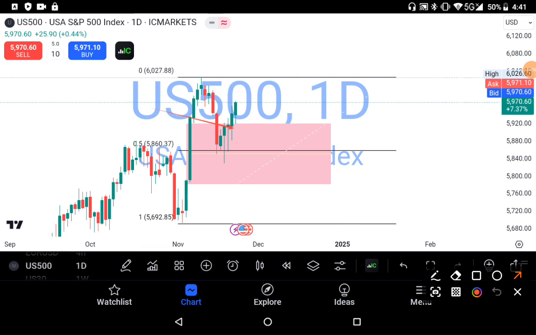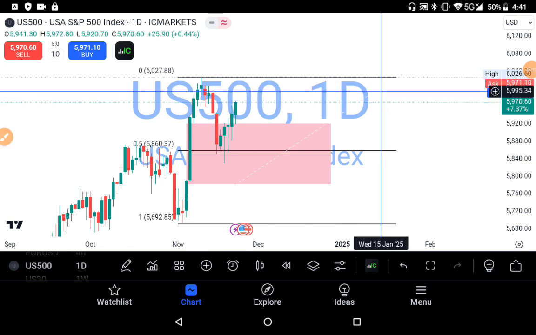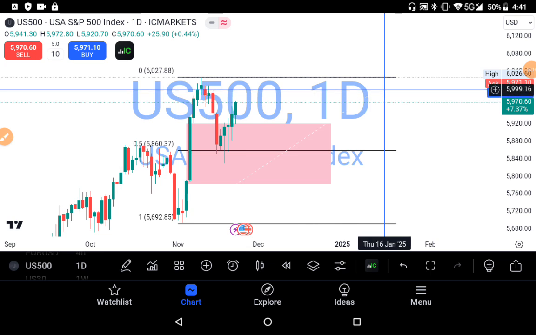But the market price has refused to go below that line. So I was expecting 6,000, which fell short by some handles. So the coming week, I'll be expecting 6,000 to be delivered.